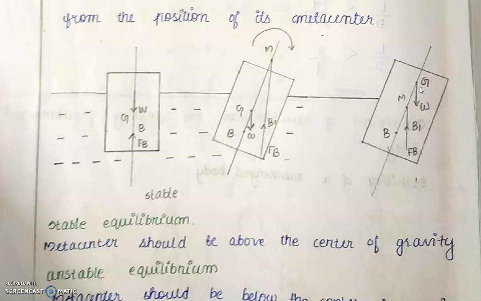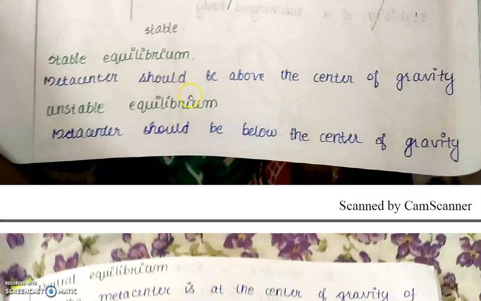So one more term is there, that is neutral equilibrium. In that case, G and M will coincide. So for a floating body, the metacenter determines whether the body is in stable equilibrium or not. So these are given in words.